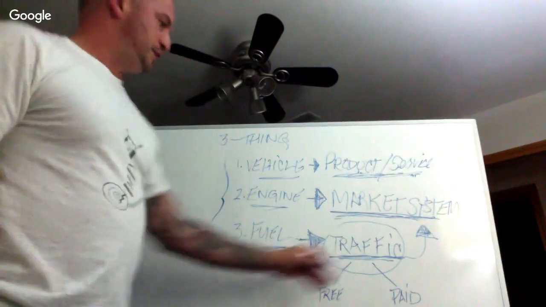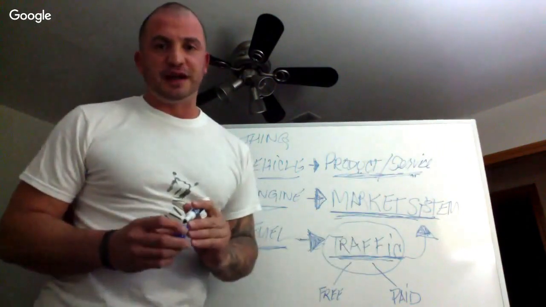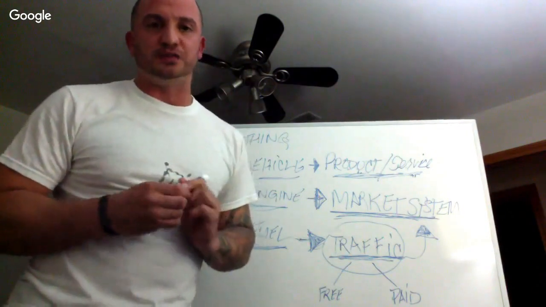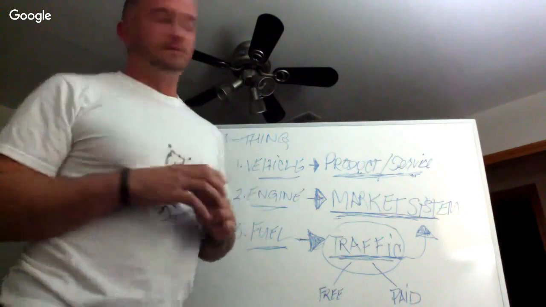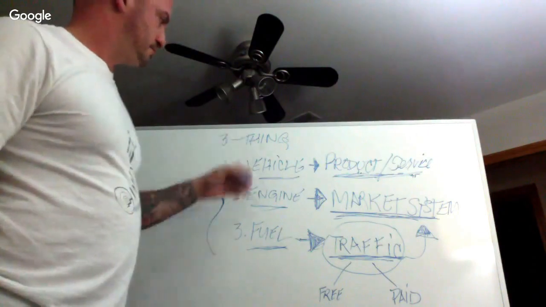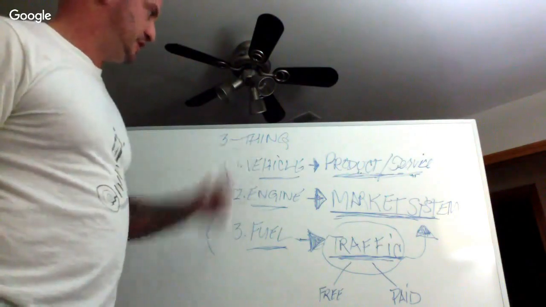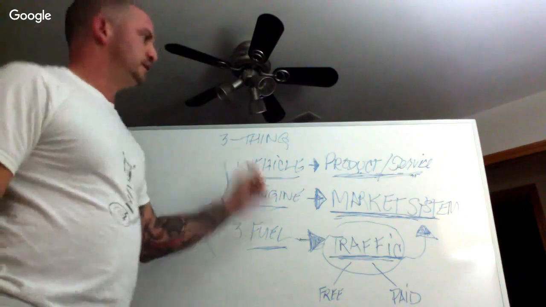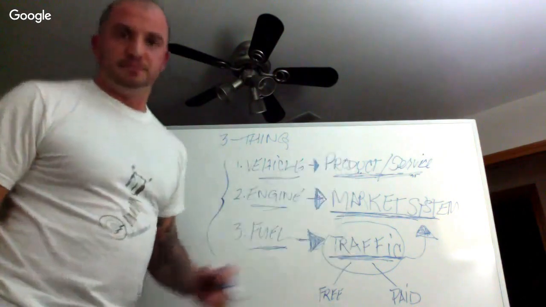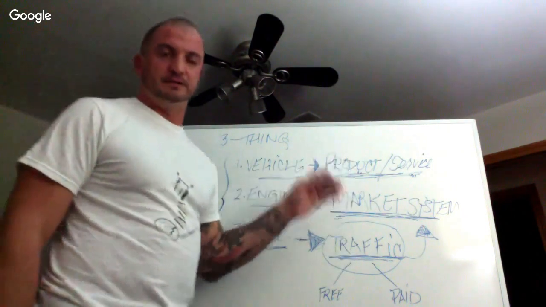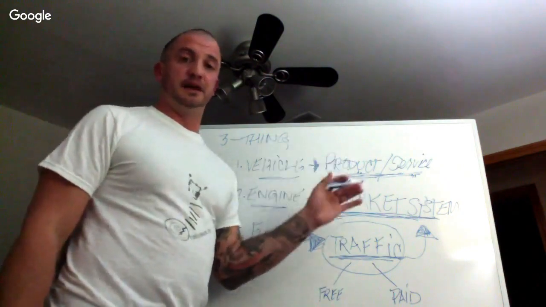So that is why I'm going to utilize this training, and I'm going to try to keep it as generic as possible. And that's why I'm using the analogy of a car, basically, regarding the three things that you need to sell and make money online.